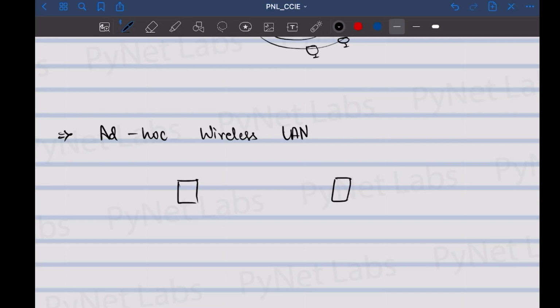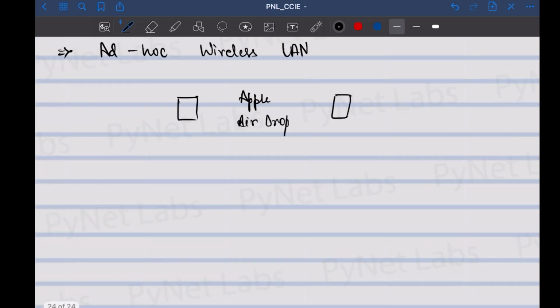It allows you to share files between your iPhones using Bluetooth or Wi-Fi without the requirement of a cable or an access point. So this type of connection that you build without the requirement of any network infrastructure is called ad hoc wireless LANs. A very popular example, I'll write down here, Apple AirDrop. What technologies are used?